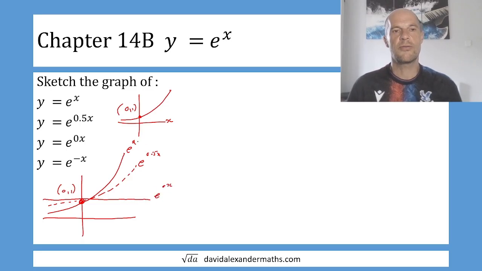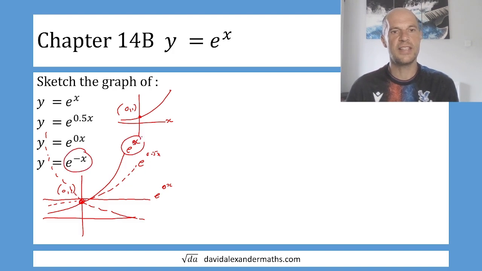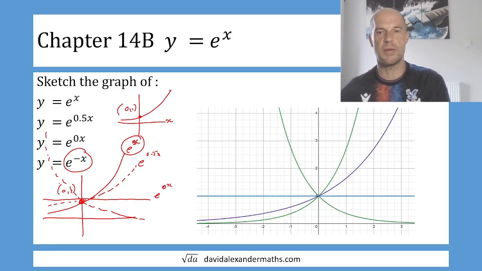So if we're going from e to the 1x to the half x to the 0x, then to the negative x means we are going to be going up in the opposite direction. So y equals e to the minus x will look like so. And it's important to remember that e to the minus x and e to the x are reflections in the y-axis.